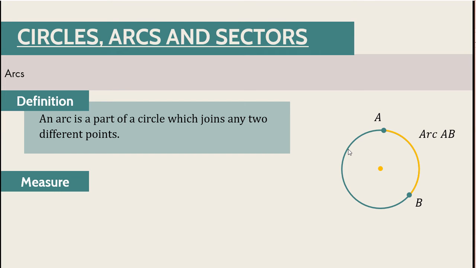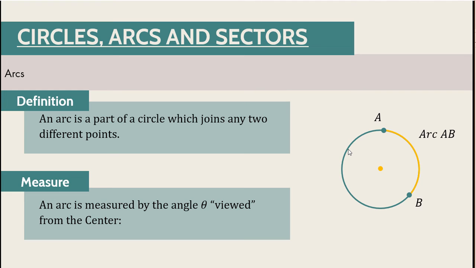For an arc, we have a measure called the angle of the arc. An arc is measured by the angle theta viewed from the center. The angle theta viewed from the center is demonstrated on the screen like this. Can you see that?